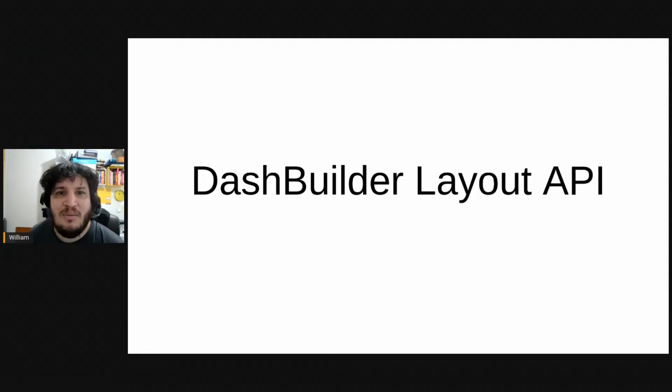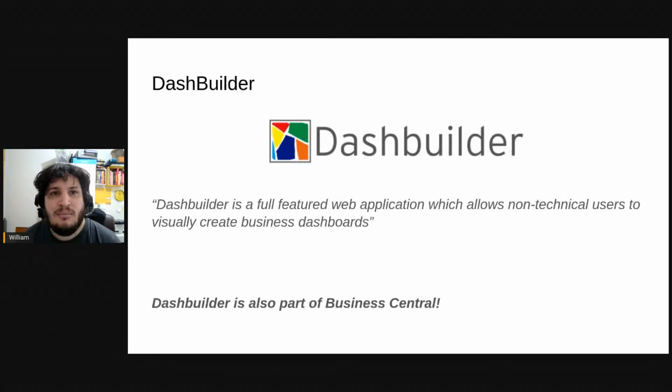Okay, all right. I hope you guys can see my screen very well. So today we will be talking about Dashbuilder, and we will be focusing our talk specifically on the Layout API, which is the part where we visually create our dashboards. But before getting started, let's remember what Dashbuilder is. Dashbuilder is a web application that allows business users to create dashboards, and it is part of Business Central.